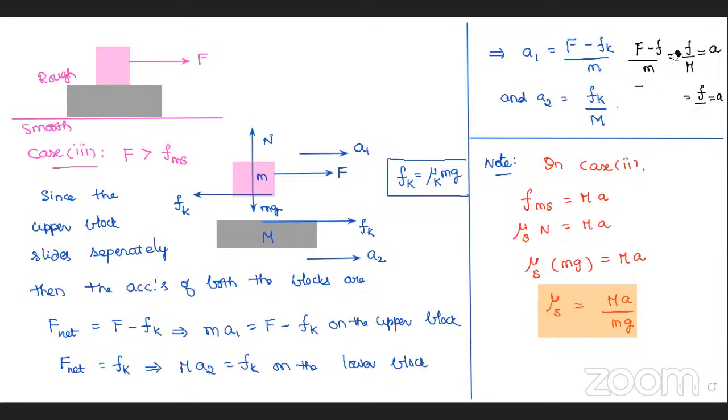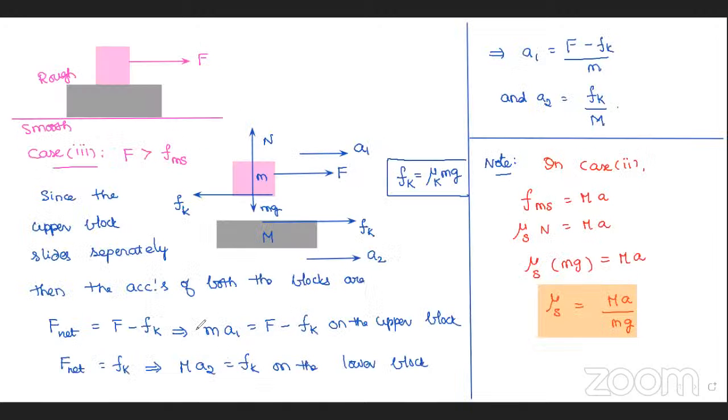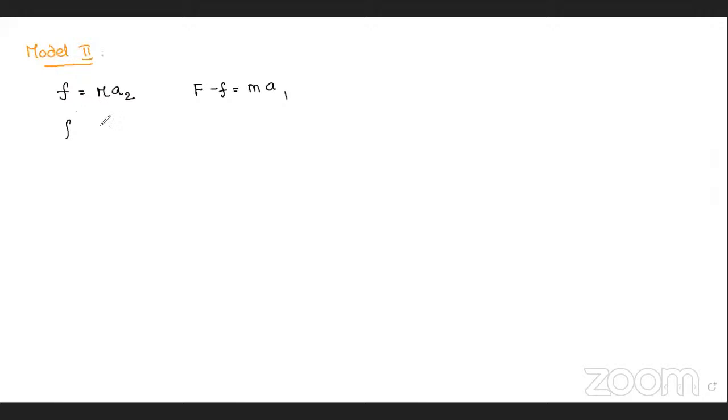So better I go to the next page. Yeah, here F is equal to capital MA. Second equation is F minus F is equal to small m A1, A2, Nana. What I wrote here. I did not change anything. Observe, Mr. Ishan. Okay. And here what I am saying, if they move commonly, F is equal to MA, and yeah, observing. Very good, very good. F minus F is equal to small ma.